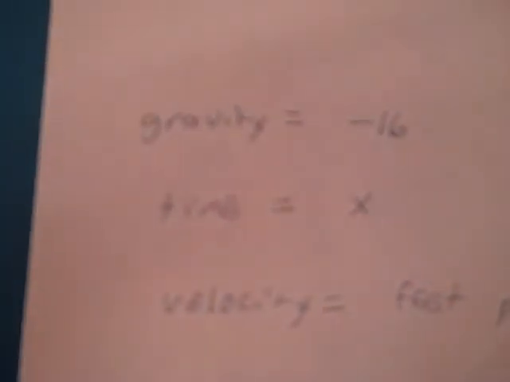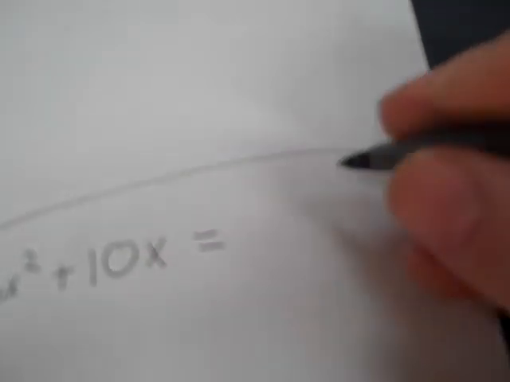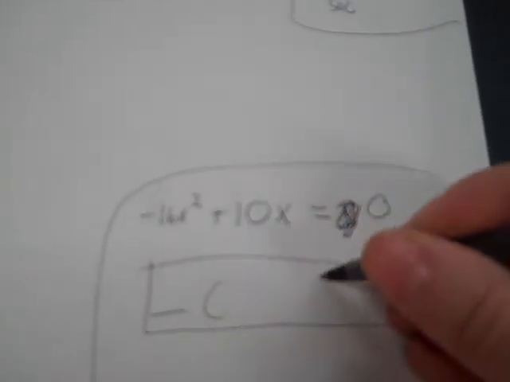Gravity, -16, time, x, second power, plus velocity, the feet per second from up here is 10, and then the time is x, equals your height. Okay, that's y. Put your 0 feet in for y, and there you go.